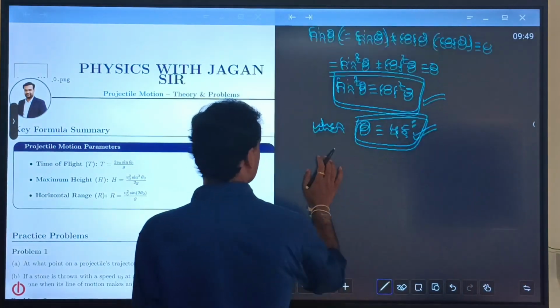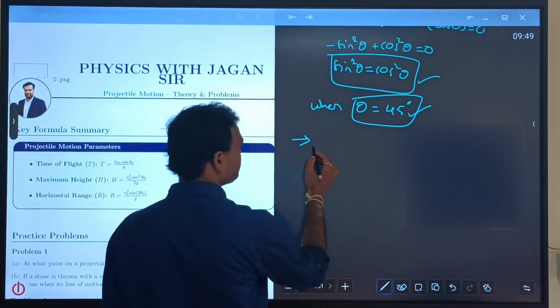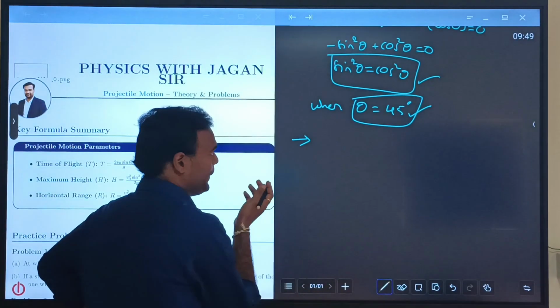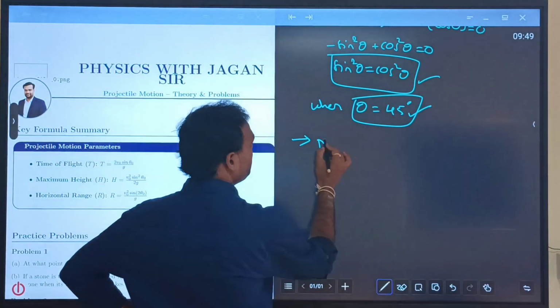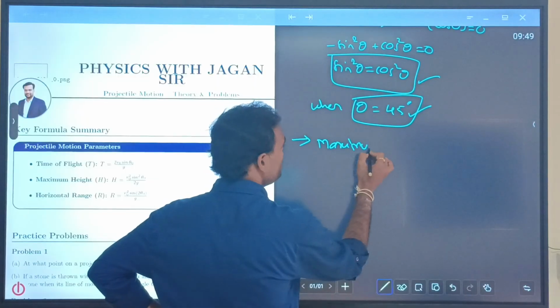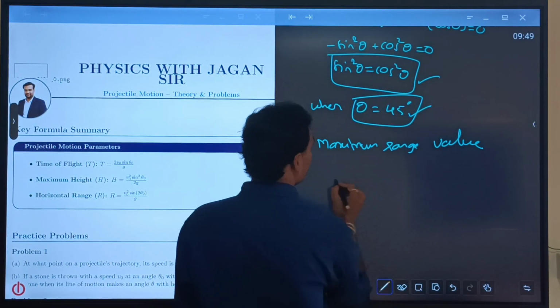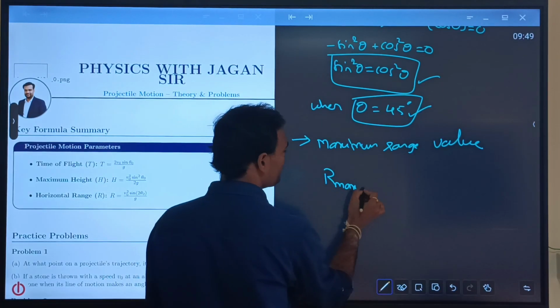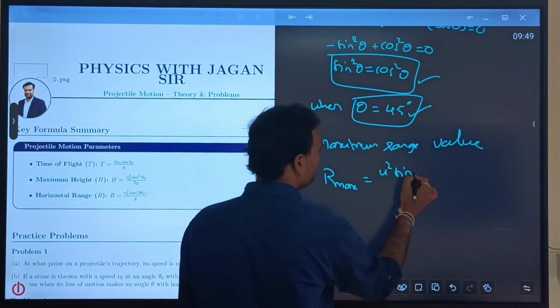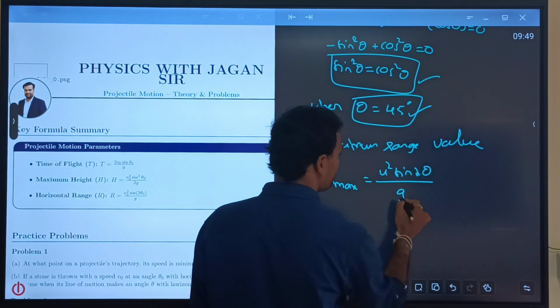Right? Now the next point is the maximum range value. R max is equal to u square sin 2 theta by g.